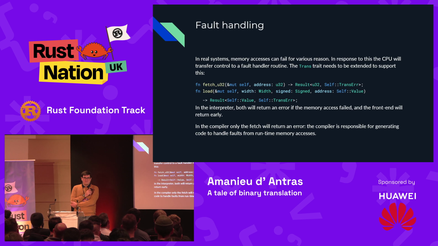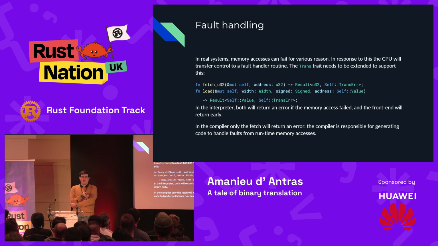We do this by changing all operations on the trait that access memory to return a Result. This is mainly fetching an instruction and loading and storing to memory. In the interpreter, all of these can return an error if the memory access fails, and we basically just throw the question mark at it.